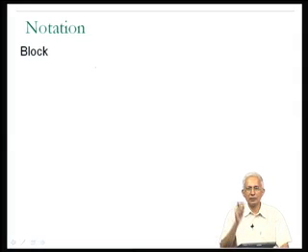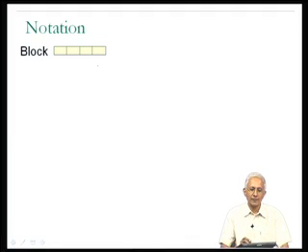In this notation, whenever I want to refer to a block, I will use a box that looks something like this. The reason is to indicate that we are talking about some number of contiguous locations, some number of bytes, and it could span more than a word, but we need to have some idea that there are some number of bytes associated with each block.